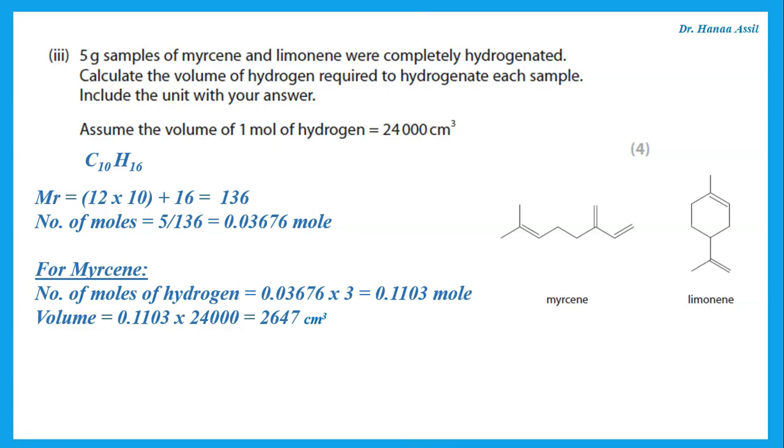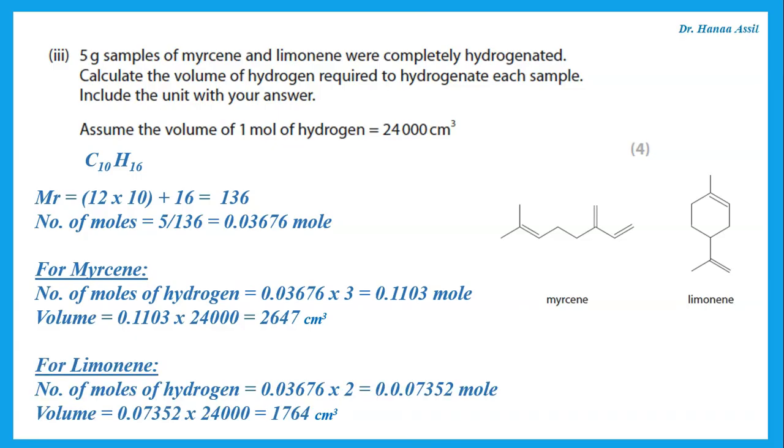That means if this is the number of moles of the myrcene, the number of moles of hydrogen will be 3 times of that. And then I can get the volume of hydrogen. The volume is the number of moles times 24. We multiply by 1,000 because we are required to get it in centimeter cubed.